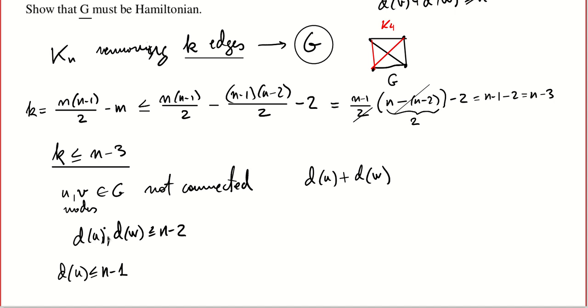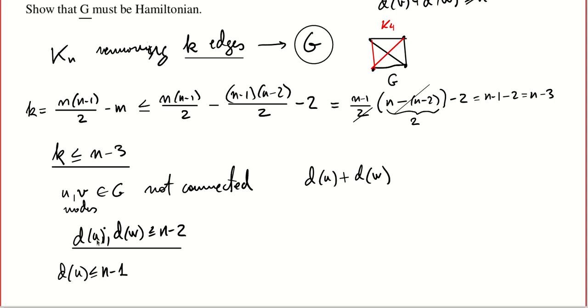But we know for sure that one of the removed edges is precisely the edge between U and W. So this translates into n minus 2, this bound that we have here.